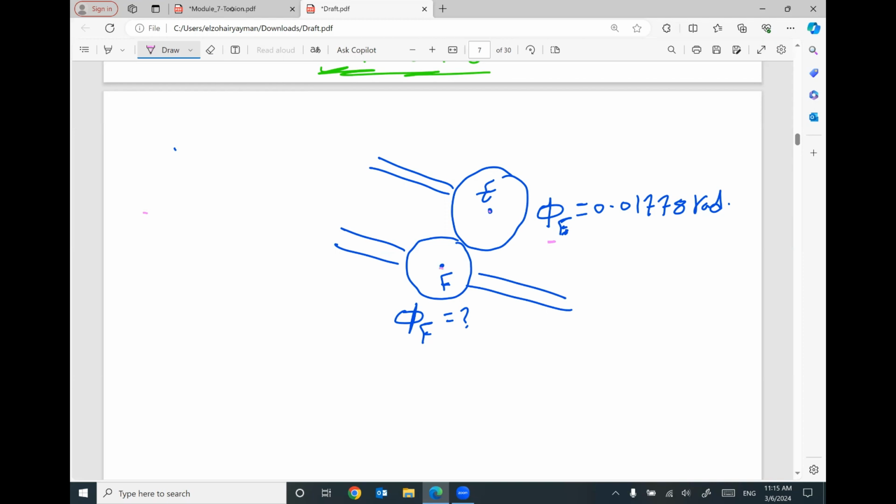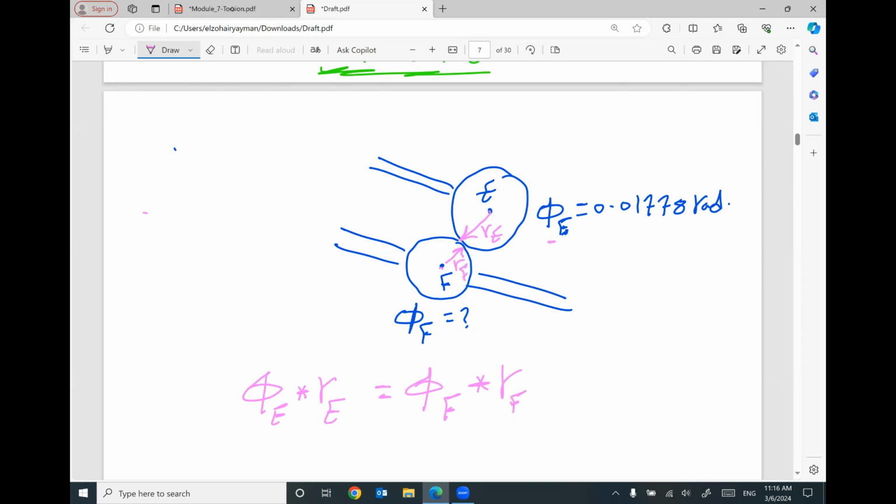It's very simple. Just multiply phi at gear E times the radius of gear E, which will equal the angle of twist at gear F times the radius of gear F.